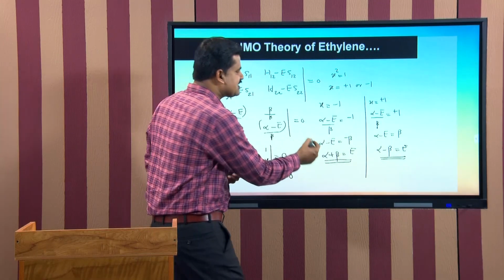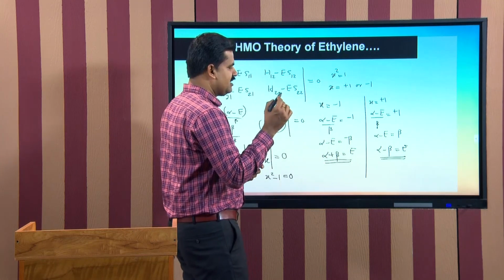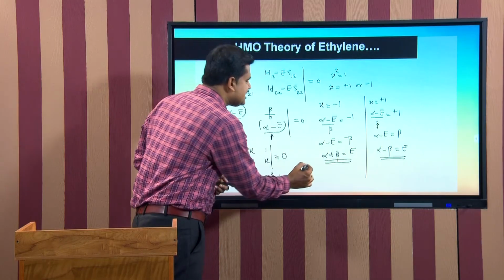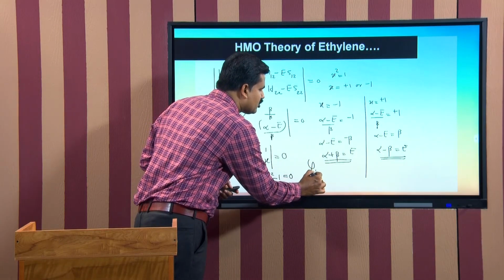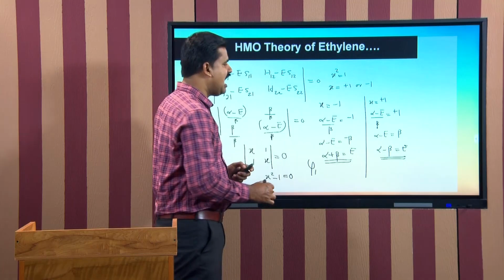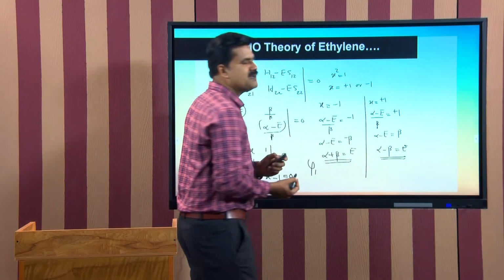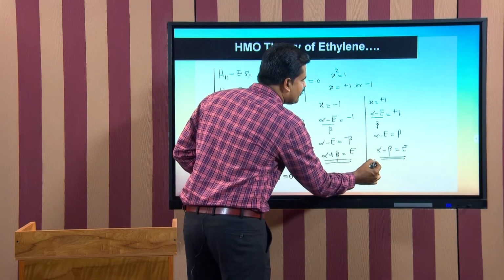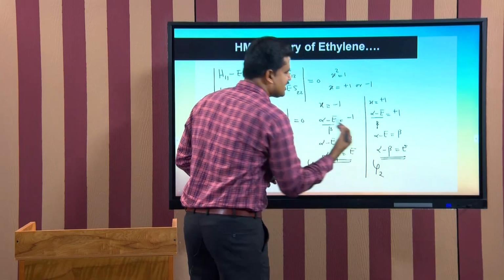So this alpha plus beta energy level can be considered as the energy of the Huckel molecular orbital psi 1, and alpha minus beta energy level is considered as the energy level of Huckel molecular orbital psi 2.